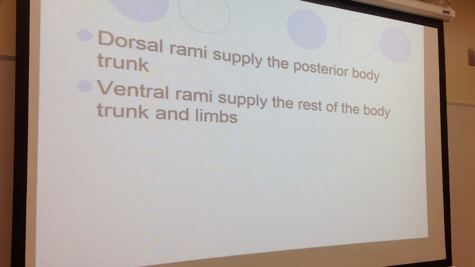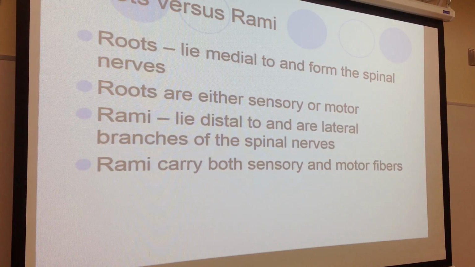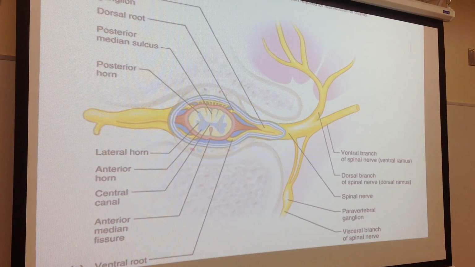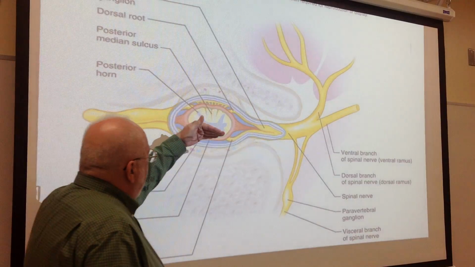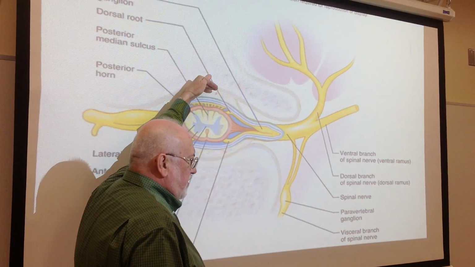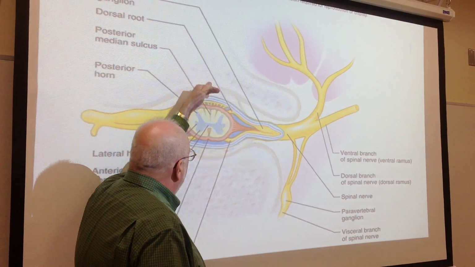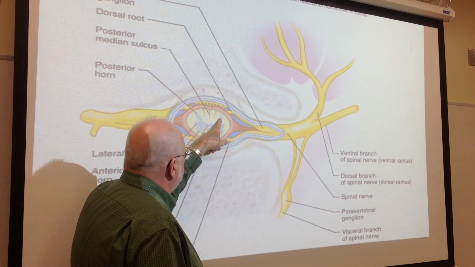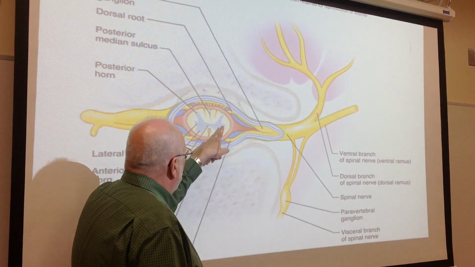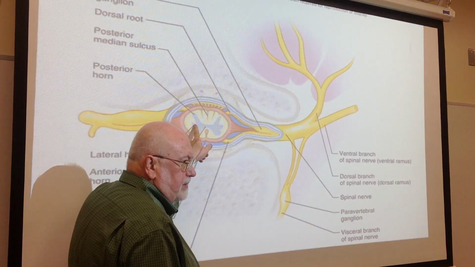Now, I think we've got enough on that, and I like this little diagram right here. All right, so here we are, anterior posterior, or ventral dorsal. All right, there are those posterior horns, anterior horns. This one even shows the lateral ones.